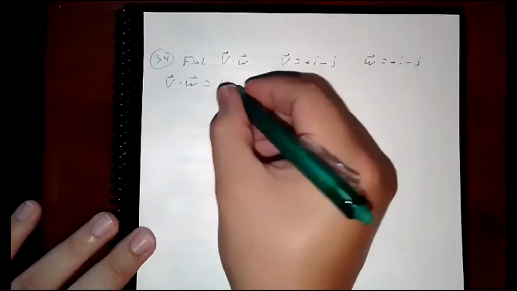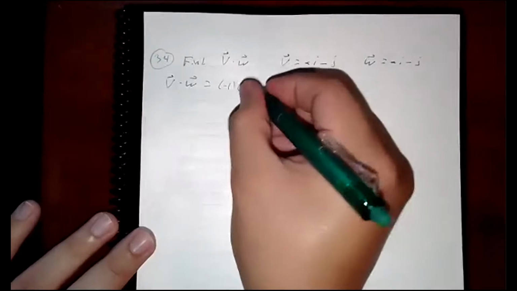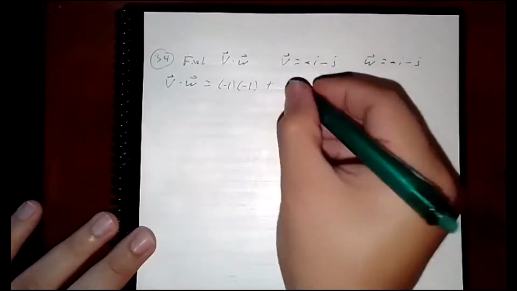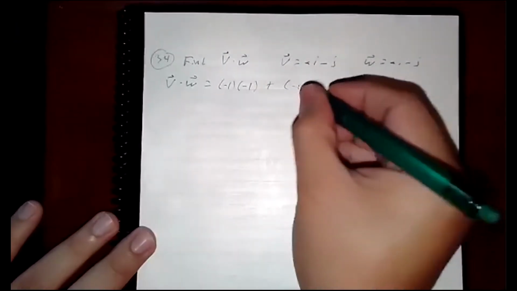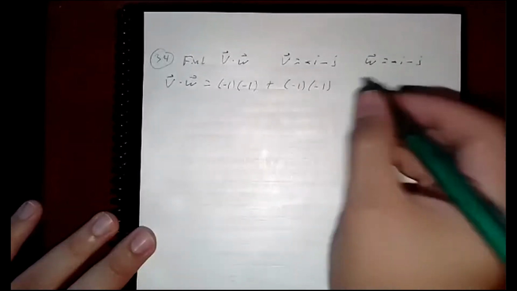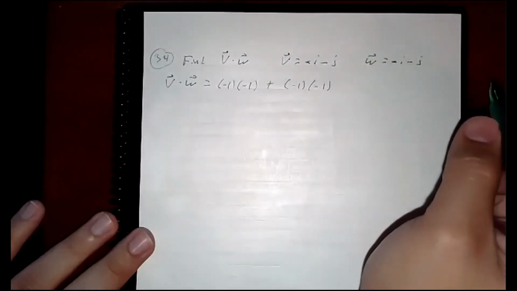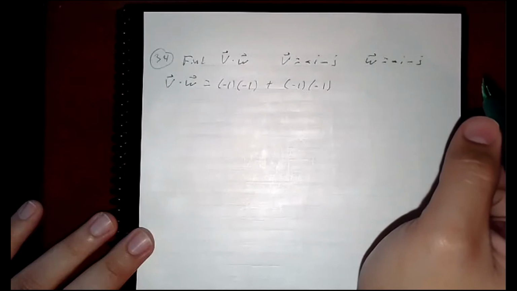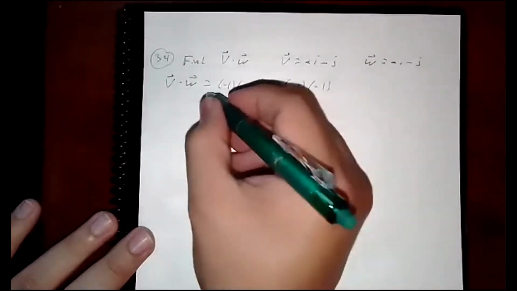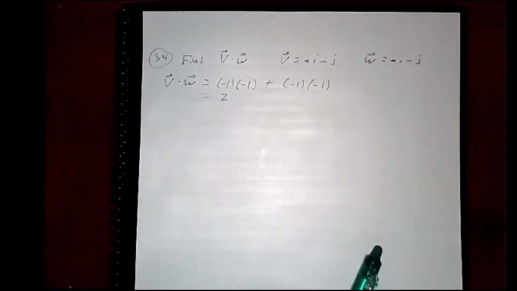So negative 1 times negative 1 for the i pieces, and then the j pieces, negative 1, negative 1. So that would be 1 plus 1, 2. Let me see if that's right. Yeah, 2.